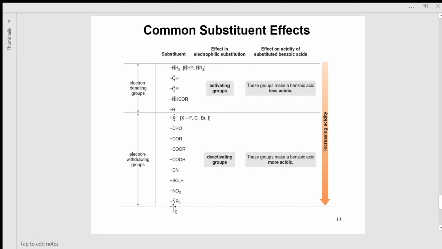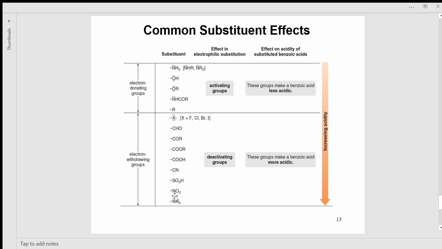But here, this is a nitrogen. Why is this nitrogen a very, very strong electron withdrawing group? Because you see the difference between this one and this one. This nitrogen has a lone pair of electrons, so it can give electrons to others. But here, this nitrogen has a positive charge. There is no lone pair of electrons at all. Instead, this nitrogen has a pure positive charge.